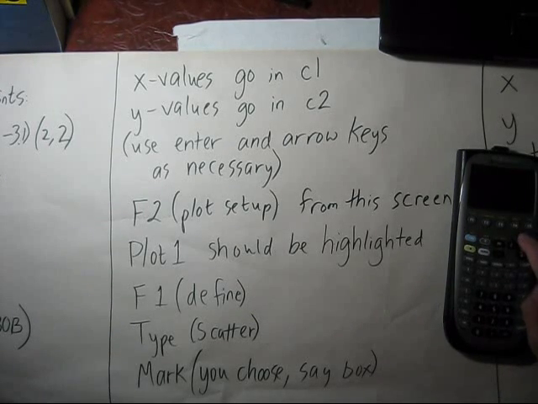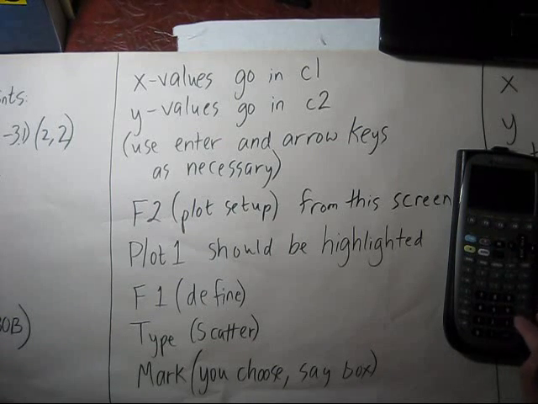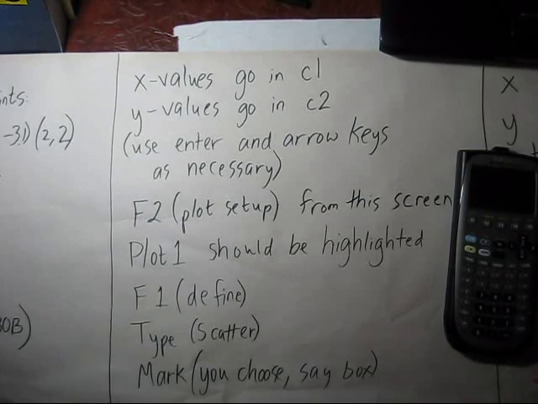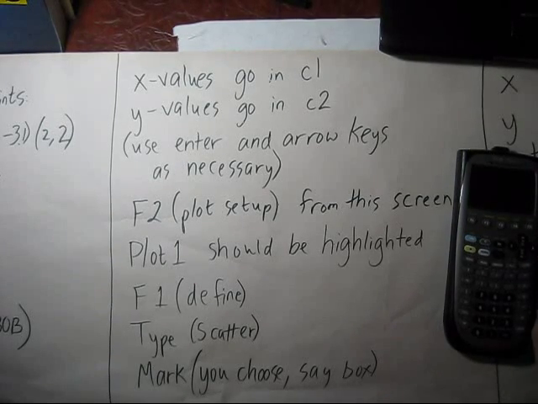I'm going to right arrow up to get to the first C2 value, and we have pi, square root of 3 divided by 4, -3.1, and 2. Yep, they're in.